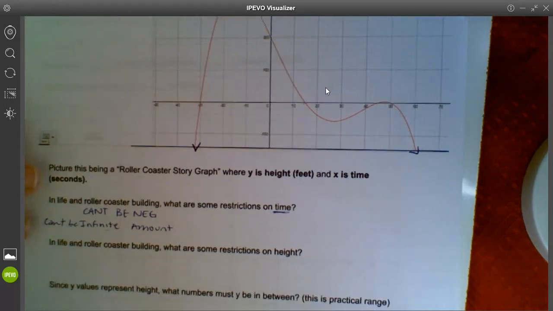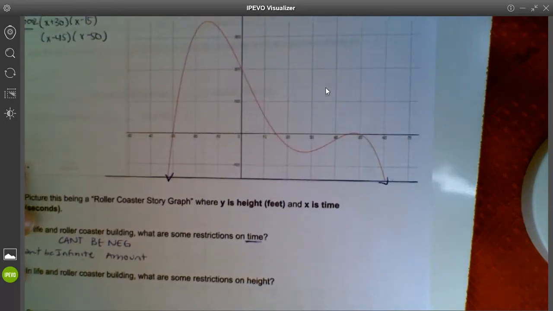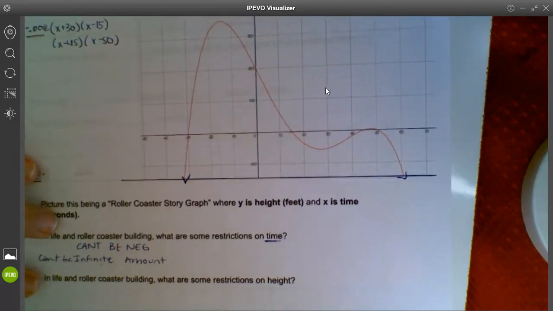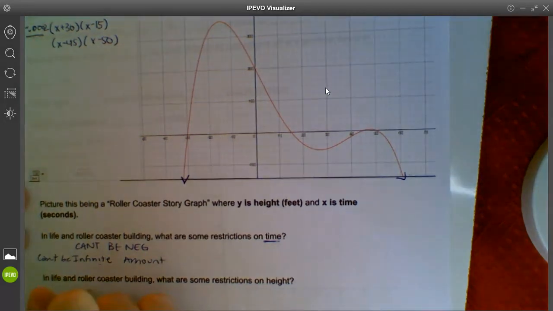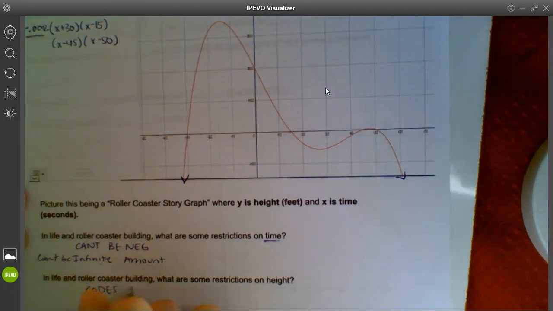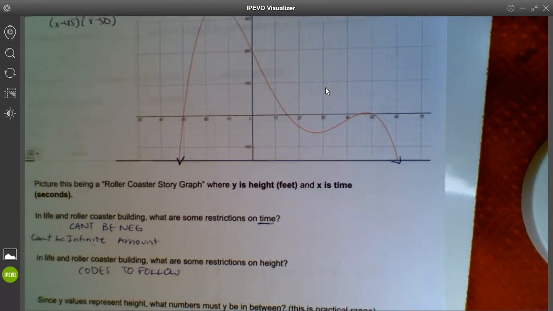Think about roller coaster building in the sense of height. What are restrictions in life on height? Think to yourself, and then we'll come back. All right, hopefully you thought about height and roller coasters. I know you aren't construction workers and you don't know everything, but there are codes to follow, for instance, how high something can be.